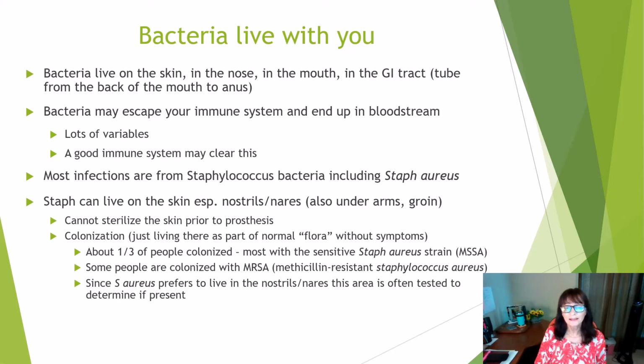You cannot sterilize the skin. So about 1/3 of people are colonized with Staph aureus, and mostly with the sensitive Staph aureus strain called MSSA. Some people are colonized with MRSA, the methicillin-resistant Staph aureus.